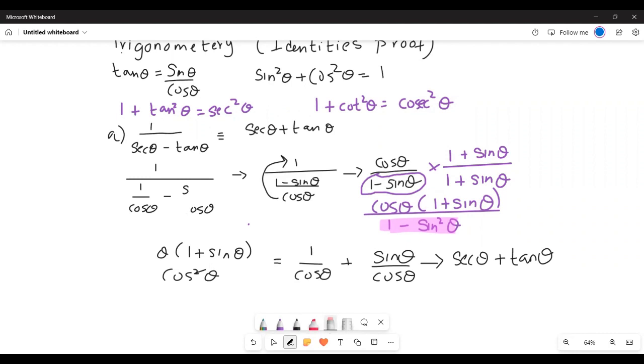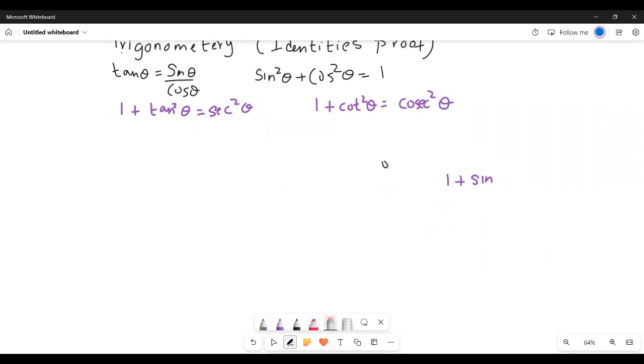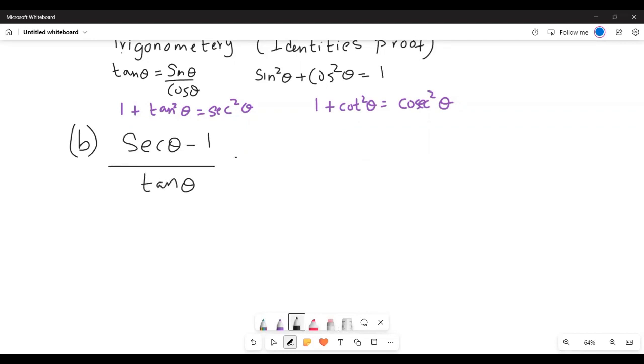I'm going to clear this. Part B. B is secant theta minus 1 upon tan theta should be identical to tan theta over secant theta plus 1.